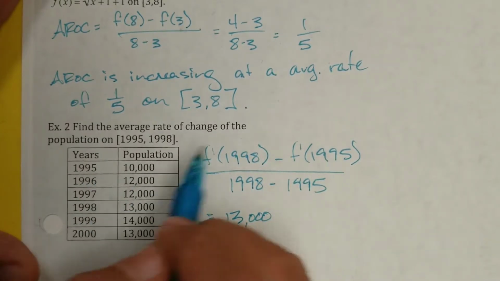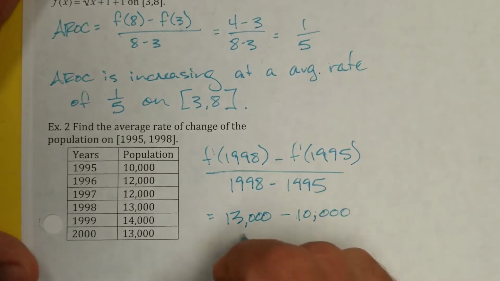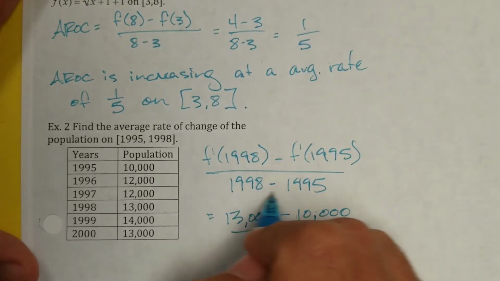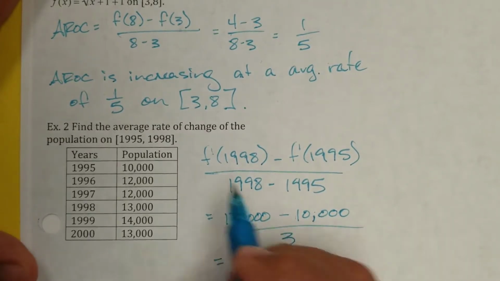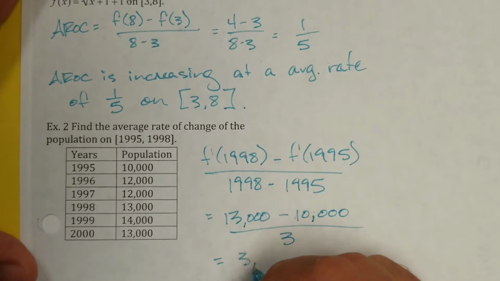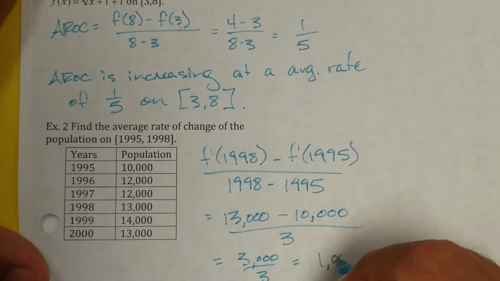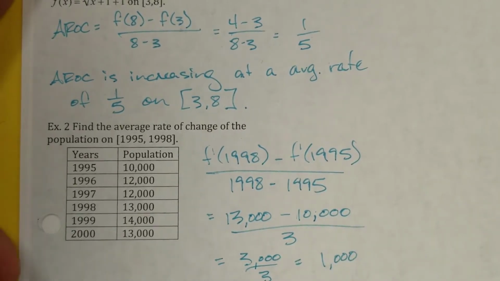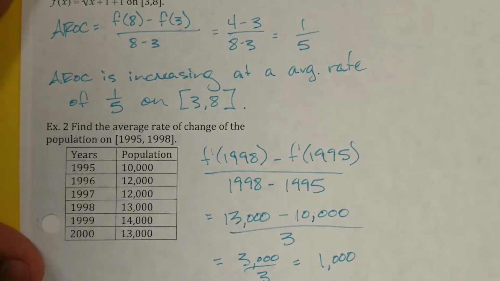F of 1995 is 10,000. And that's over 3. So we get 3,000 over 3, which is 1,000. So what are we talking about here? We're talking about 1,000 people per 1 year. Y over X. So it's people per year.